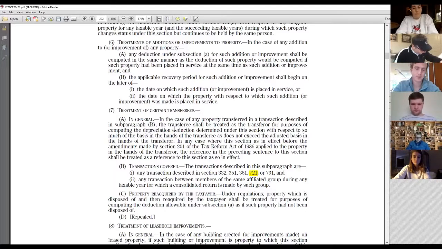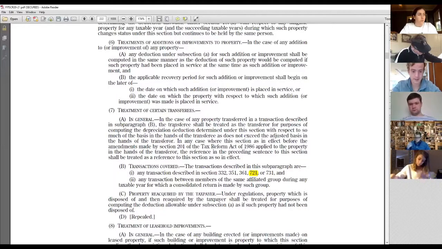So if the contributor was on a 10-year straight line depreciation schedule, whatever years are left, you continue on straight line. You just continue on the depreciation schedule that existed in the transferor's hands. That becomes the depreciation schedule in the transferee, the partnership's hands. Step into the shoes approach.